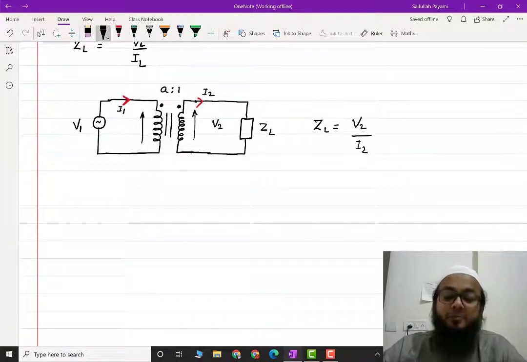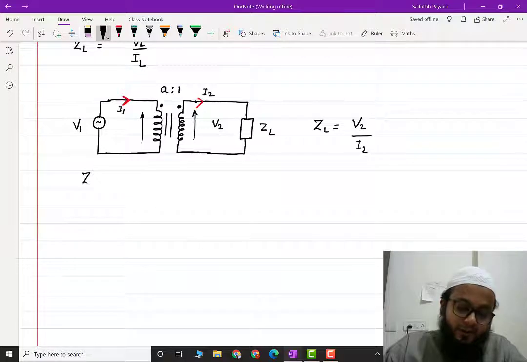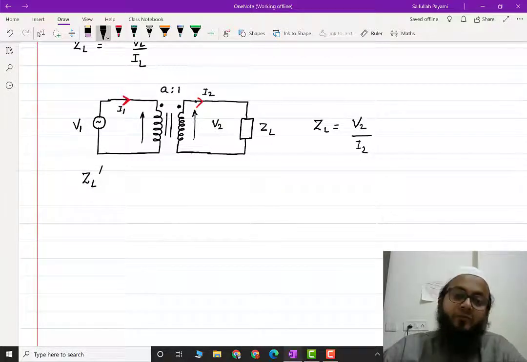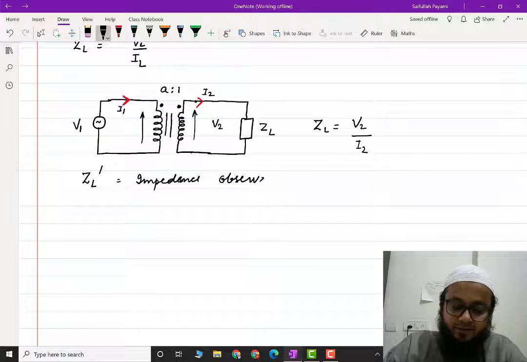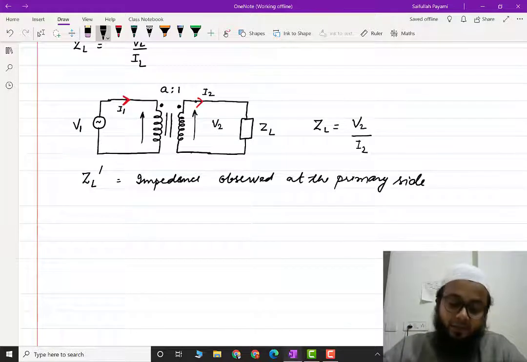Because of the load connected at the secondary side, the primary side is also observing some impedance, right? Let's say that impedance is ZL dash. So ZL dash is the impedance observed at the primary side.